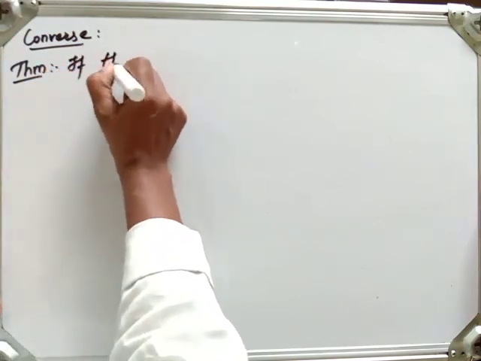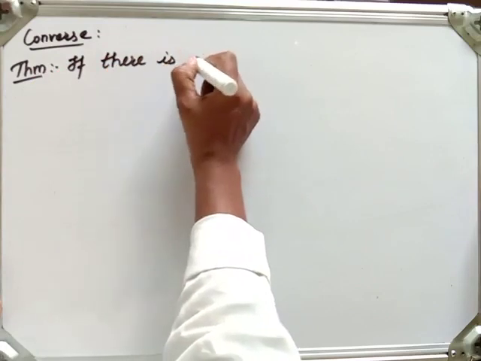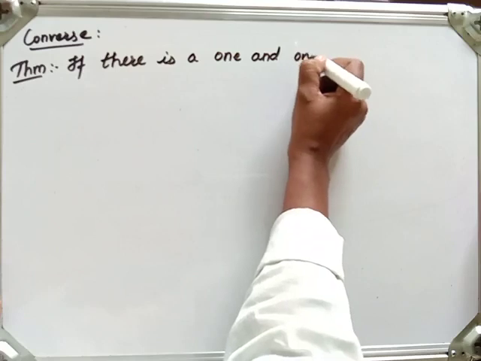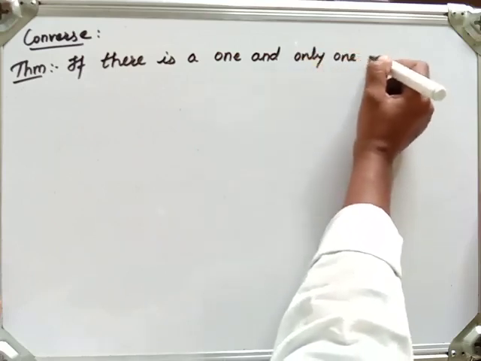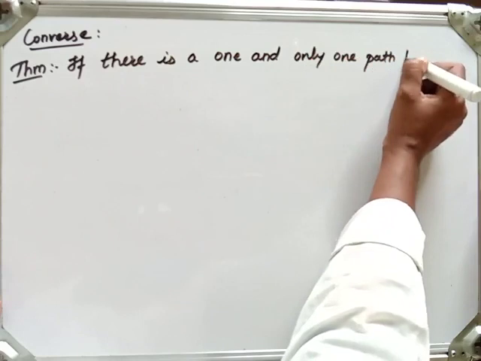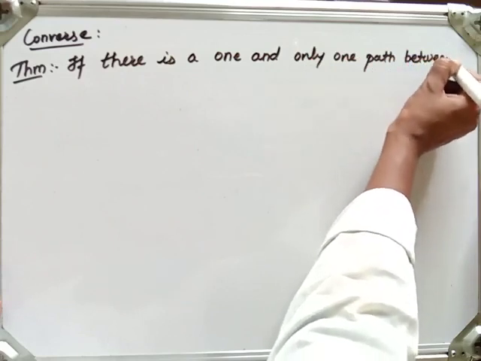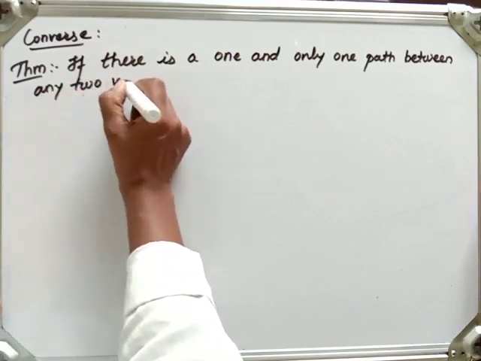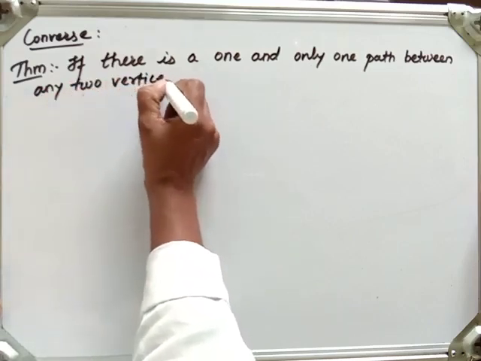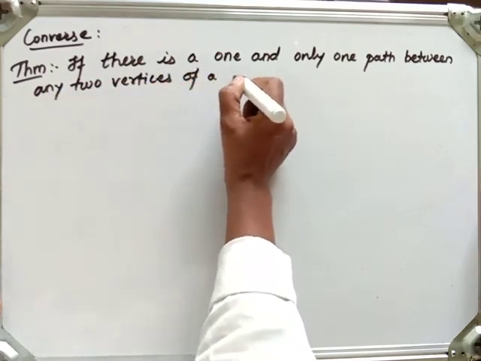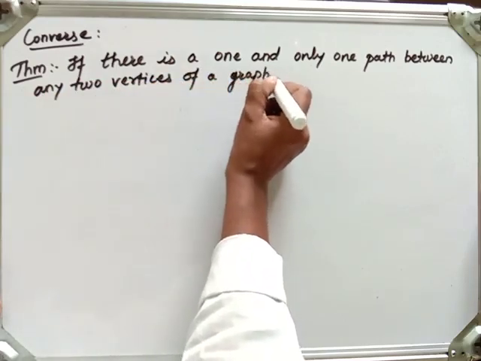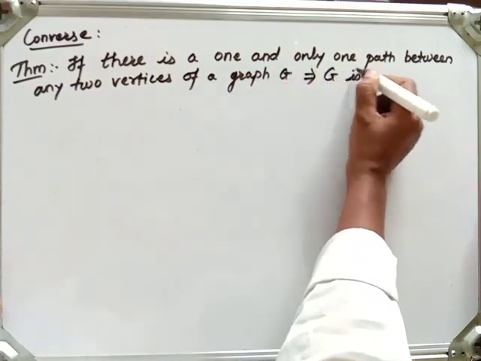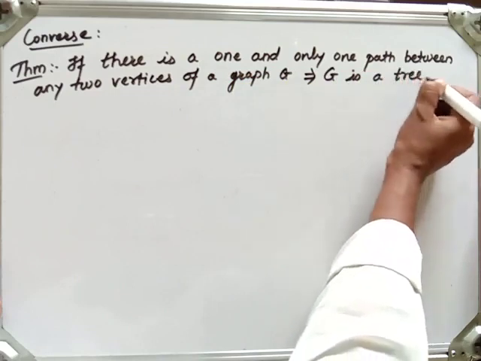If there is one and only one path between any two vertices of a graph G, that gives us G is a tree.